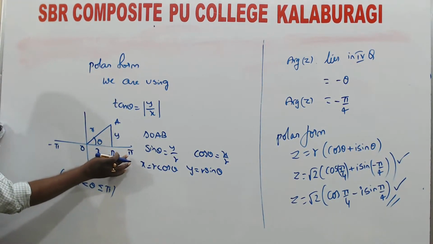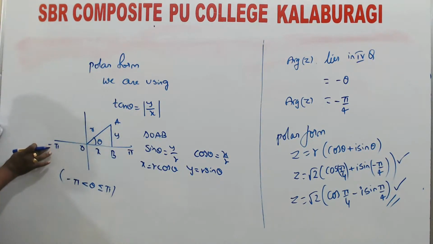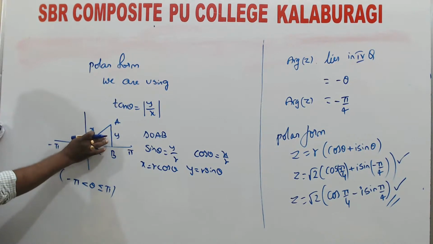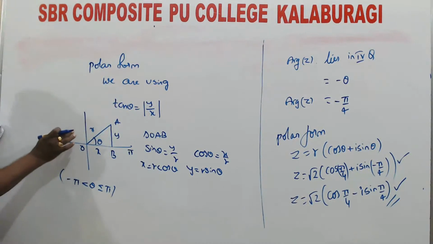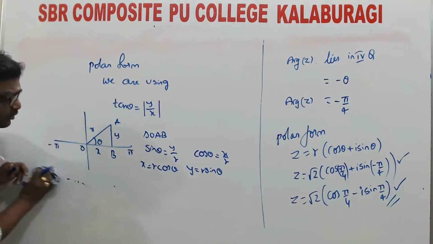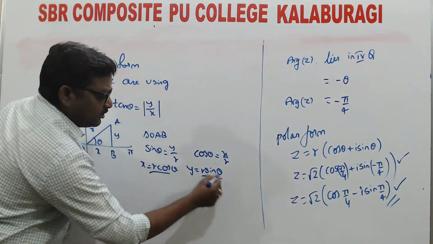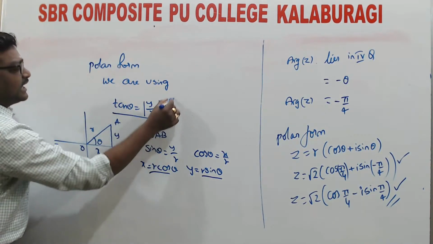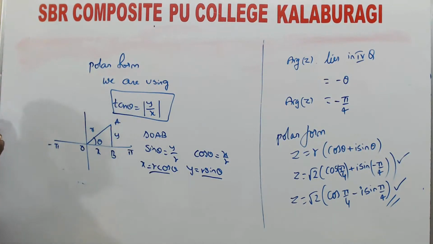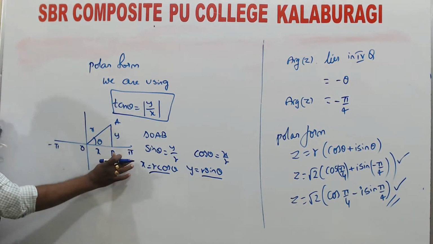We have to move from the first quadrant to the second quadrant up to negative minus pi. Therefore, we have to use tan theta only. We should not use cot, or sin or cos there. We can use x equals r cos theta, you can use r sin theta. But in general, we define tan theta equals modulus of y by x, as it lies between minus pi to pi.